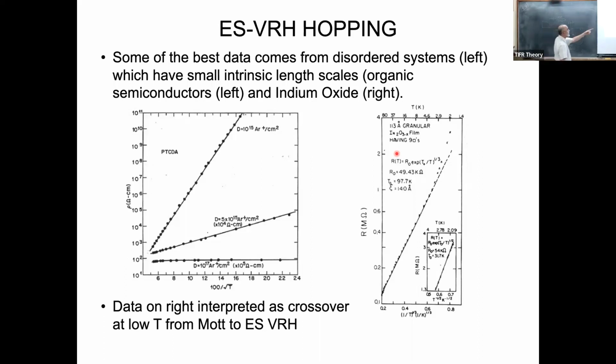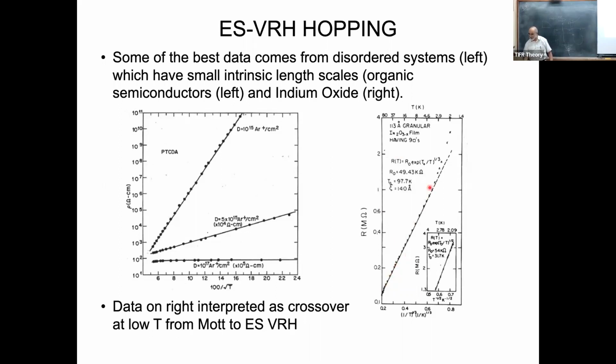The same thing is seen here in indium oxide films. What you find is that at high temperatures, it seems to fit 1 over T to the 1/3, which is for 2 dimensions. I should point out that here it is 1 over T to the 1/3, for the high temperatures.